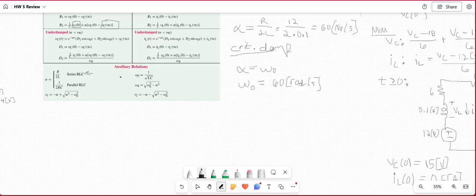Okay, and then remember we still need to find our C, so let's use this equation here. W naught equals 1 over square root of LC. I want to solve for C, so square root of LC equals 1 over W naught. Square both sides.